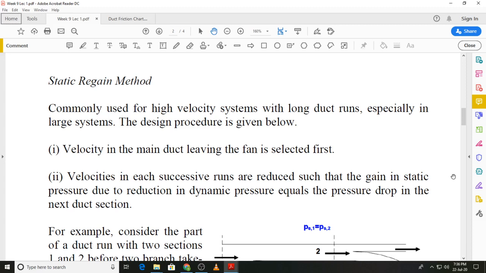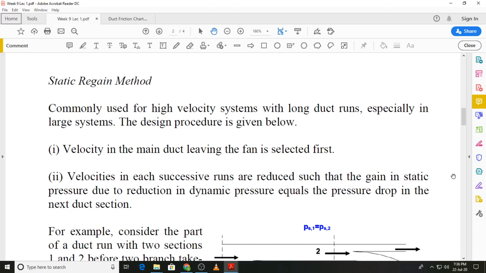So that's why it is more suitable for high velocity systems, because if you start with low velocities, then you will end up with very low velocities later on in the duct layout, which will not be practical for our requirements. So that is why it is commonly used for high velocity systems. Another restriction is that it is used for designing supply duct networks and not for return duct layouts.